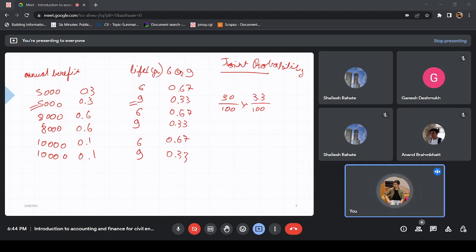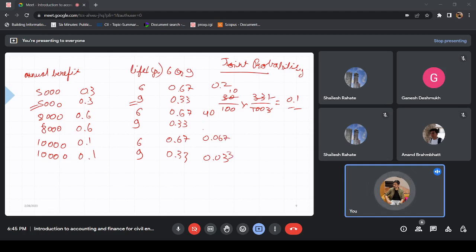or you can write it 1 by 3, right? So it gives you 0.1. Similarly, for others also you can calculate this, 0.3 into 0.67, it's 0.2. For this 0.6 into 0.67, so 2 coming from both sides, it would be somewhere around 0.4, right? 0.1 into 0.33, this is 0.03, 0.1 into 0.67, 0.67, 0.33, right?